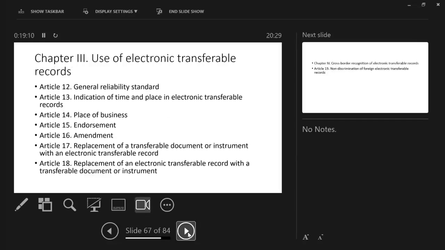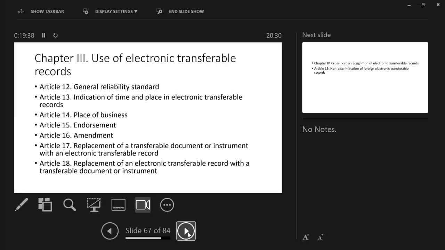General reliability, indication of time and place in electronic transferable records, place of business, endorsement, amendment, replacement of a transferable document or instrument with an electronic transferable record. So think about 17 and 18 as being about the idea of how we could take some of these paper-based documents like bills of lading and actually replace them with digital versions.